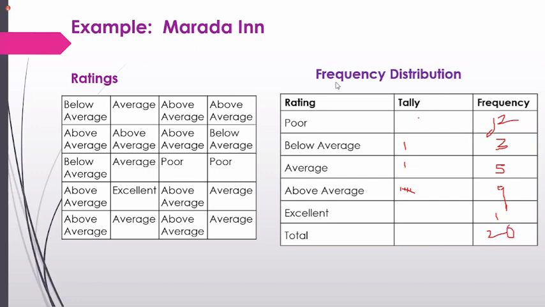You have to complete the tally marks also. So first you have to complete the tally marks. Then, counting the tally marks, you can complete the frequency distribution. Right. From this frequency distribution, what is your observation? What is the information you can get?